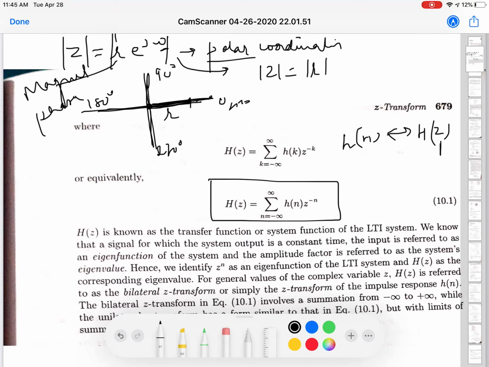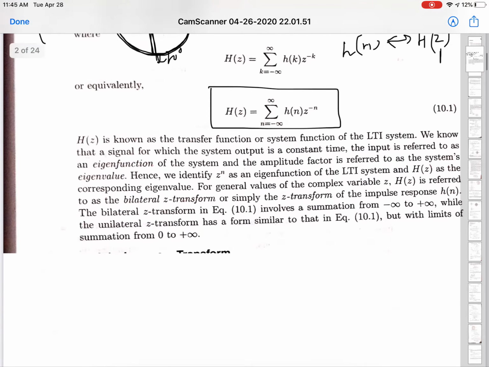So if you draw at various phases the circle of radius r, then it will be this. Now consider r equal to 1, so it will be a unit circle.